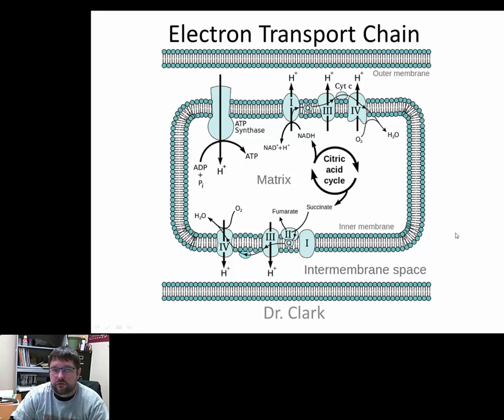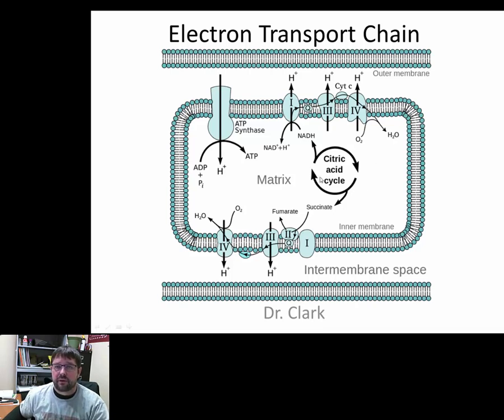Today's general biology lecture, we're going to talk about the electron transport chain. If you remember from previous lectures, we talked about glycolysis, the breaking down of glucose molecules without the presence of oxygen. Then we talked about the processing of a product of glycolysis, pyruvate, by pyruvate dehydrogenase, the product of that being acetyl-CoA, and the processing of acetyl-CoA in the citric acid cycle, or the Krebs cycle.